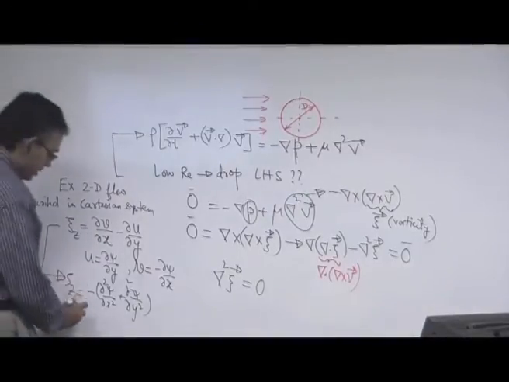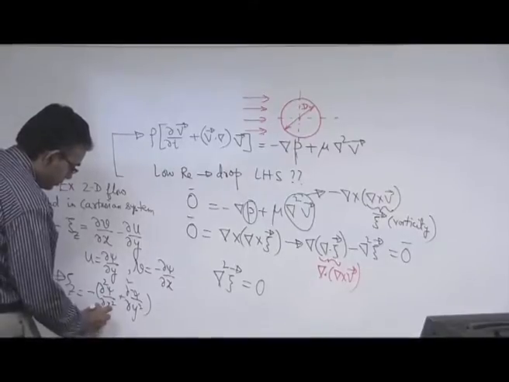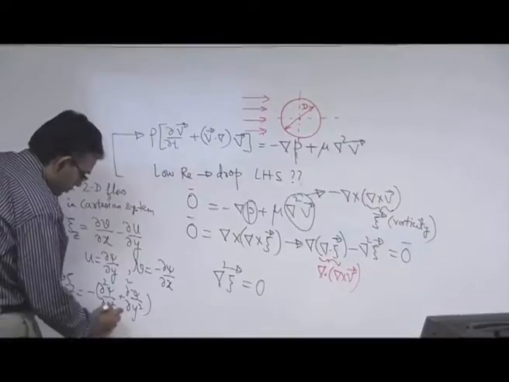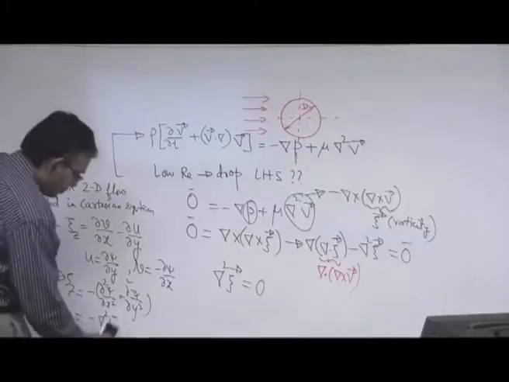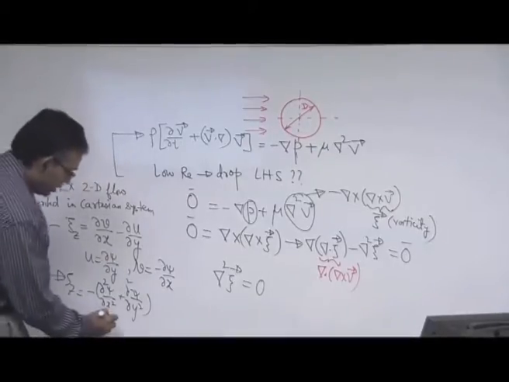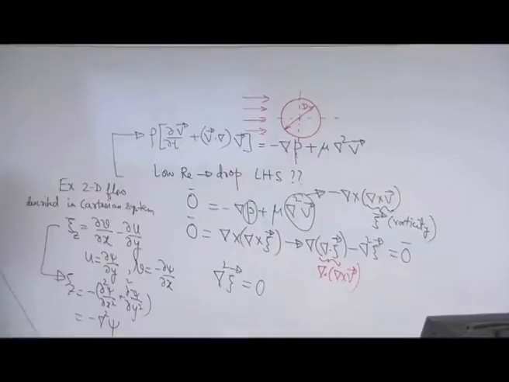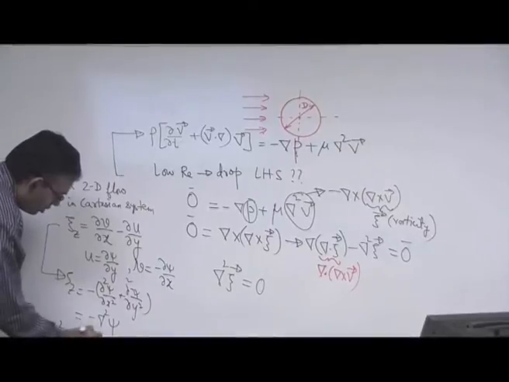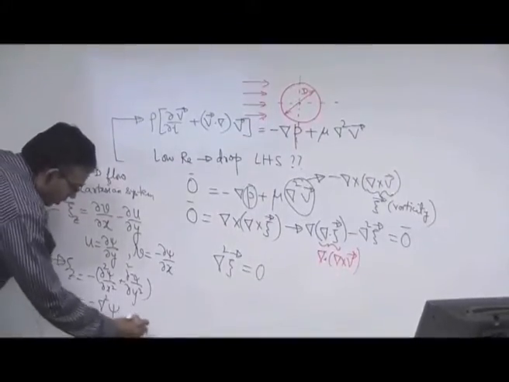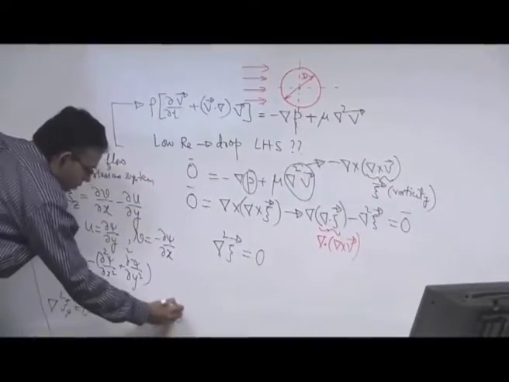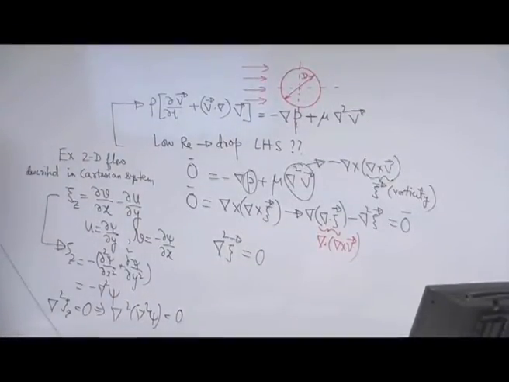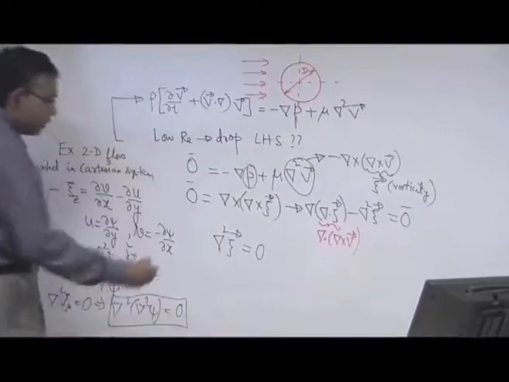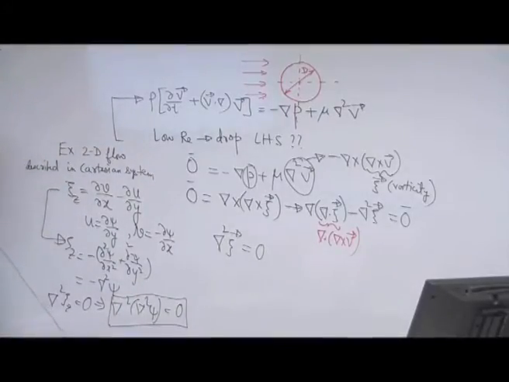So, in 2D, this is minus del square psi. So, del square zeta z is equal to 0, that means you have del square of del square psi equal to 0. This is what we learned from our 2D Cartesian experience.